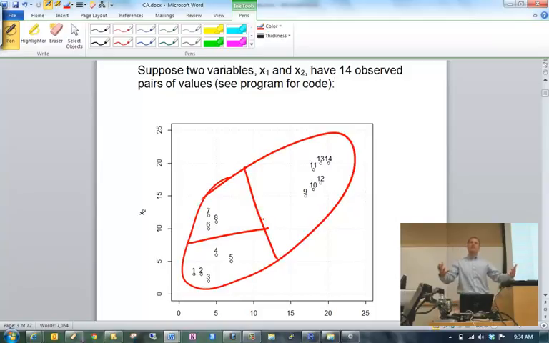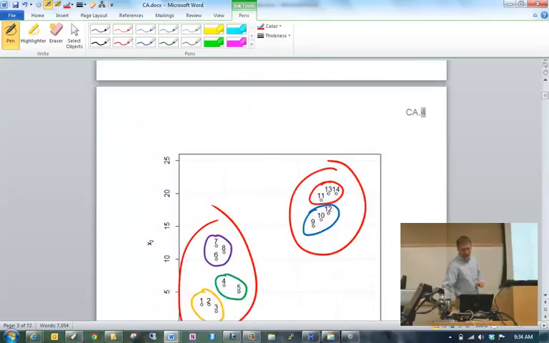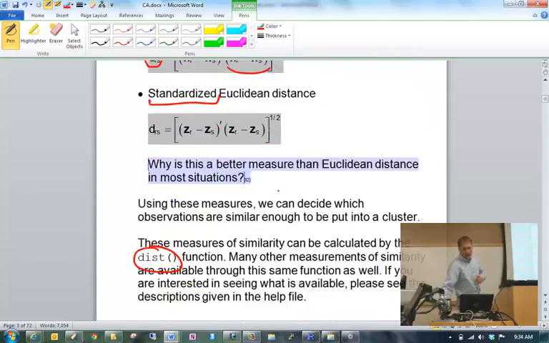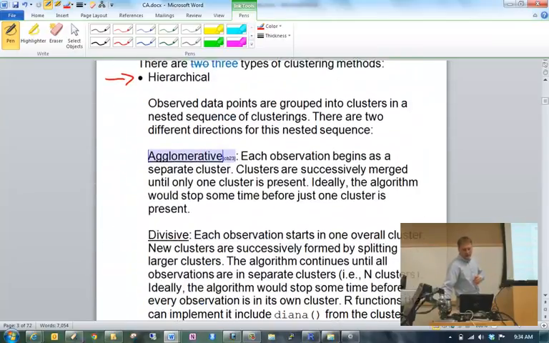So you're being divisive in how you're forming the clusters. And you keep on going until every observation is a single cluster. Again, you don't want that to happen. So a key will be to determine, well, where do I go from 1 cluster to n clusters? Where should I stop? Okay, so that's divisive. It goes in the other direction, but still clusters are forming in a sequential manner.